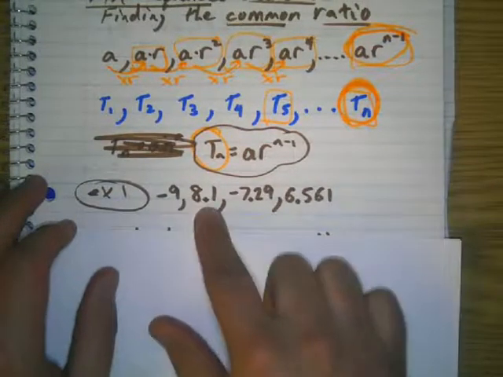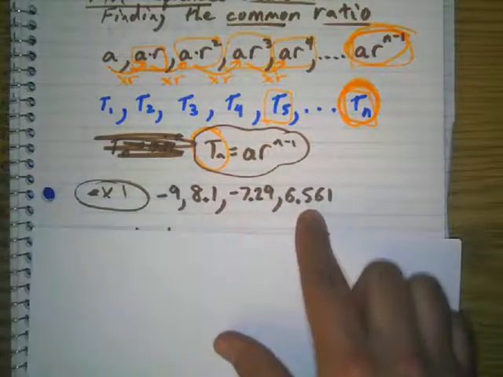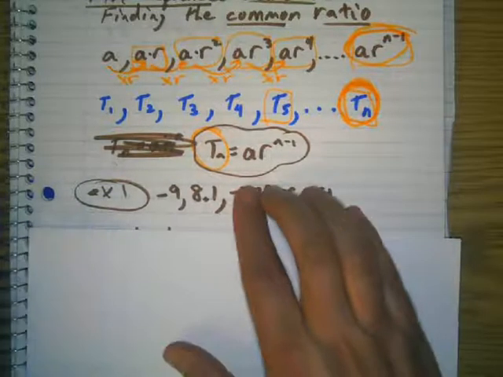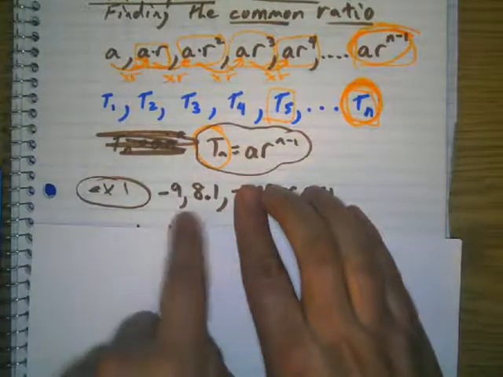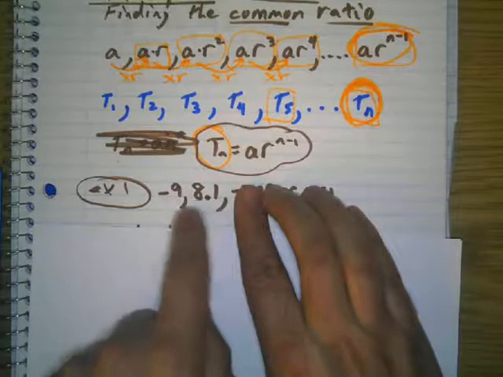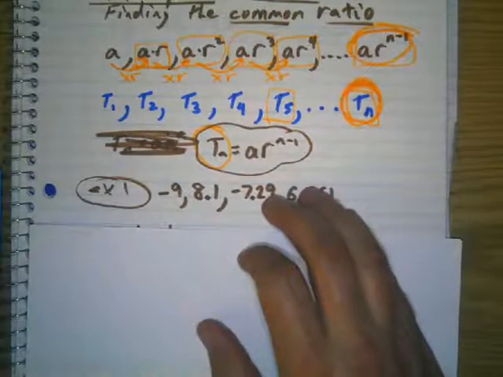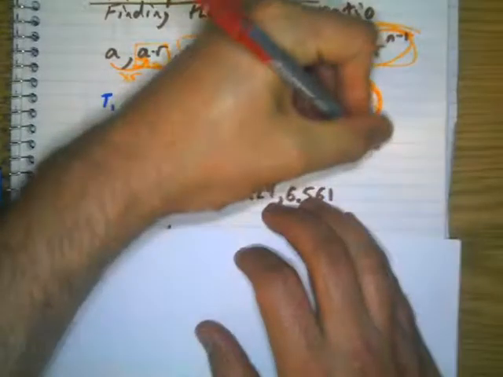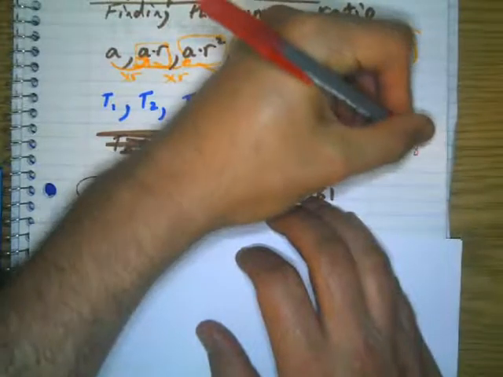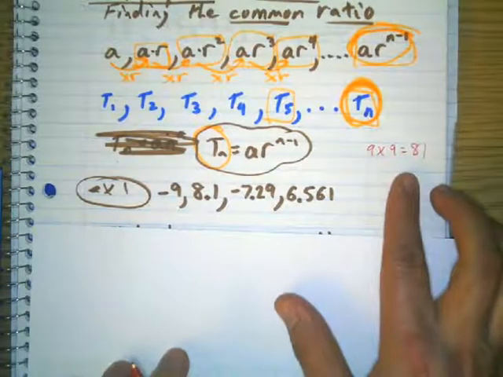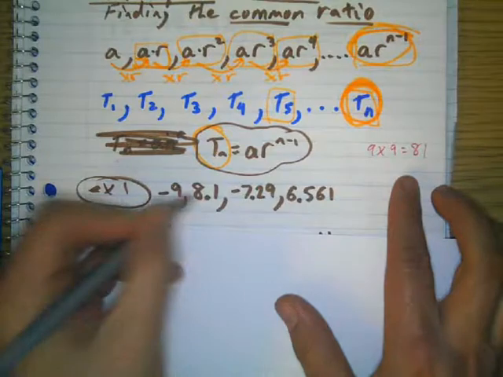-9, 8.1, and so on. Okay, the first thing I do is look at the first two. -9 and 8.1. Well, you know that 9 times 9 is 81, right? So that's the first thing that I did in my head, that 9 times 9 equals 81. But how do I get 0.81?